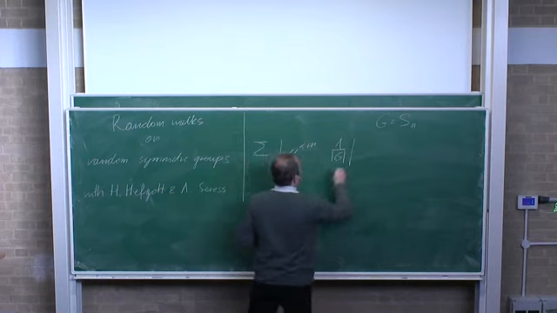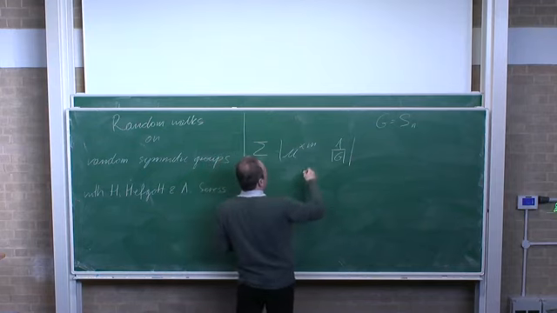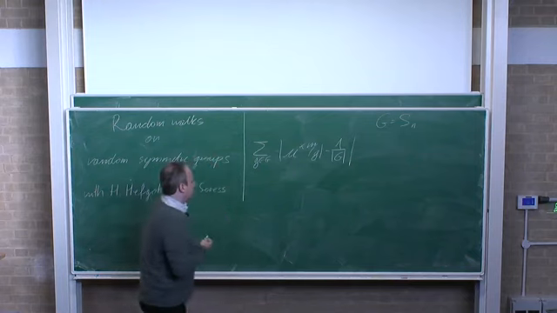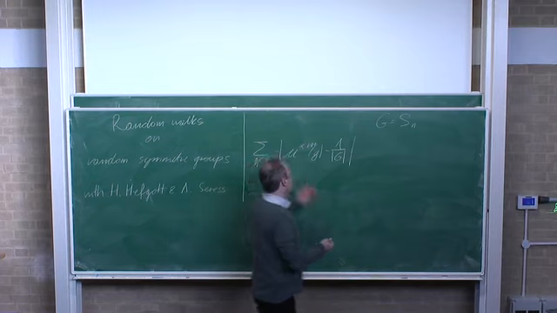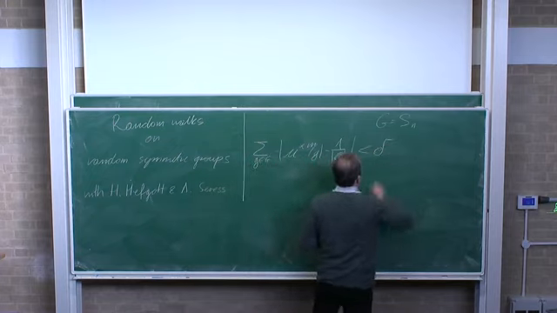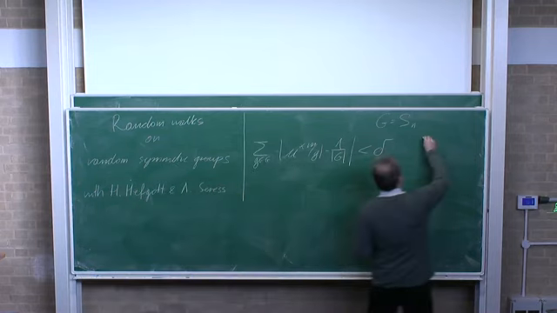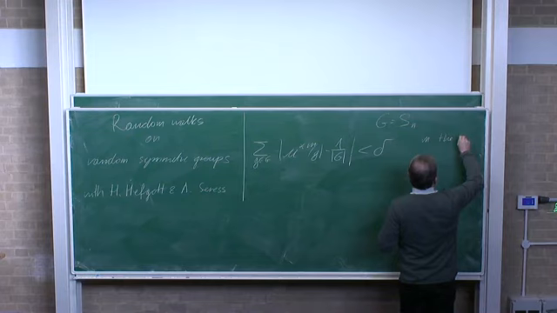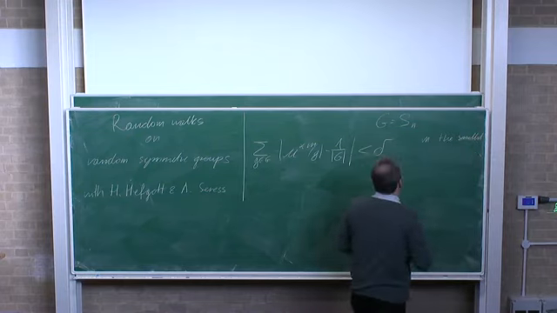And we will take a distance between these two distributions, L1, and we say that the mixing time is m if this distance is less than delta. Okay, so m is the smallest m which satisfies this inequality.